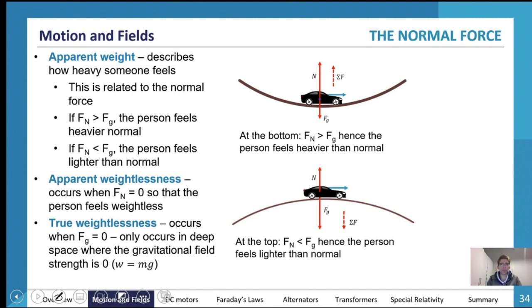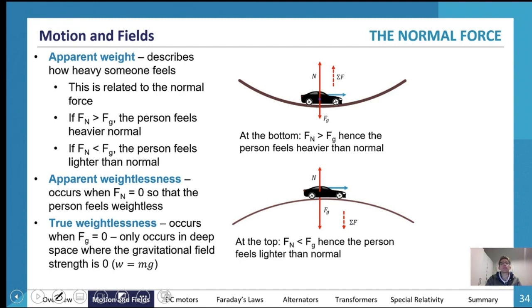So our perception of our own weight is actually right, because the normal force is equal in magnitude to the weight force. It's just acting against us, right? So that's how we can feel it. But when the normal force is greater than the weight force, all of a sudden we think that we are heavier. And when the normal force is smaller than the weight force, all of a sudden we feel lighter.